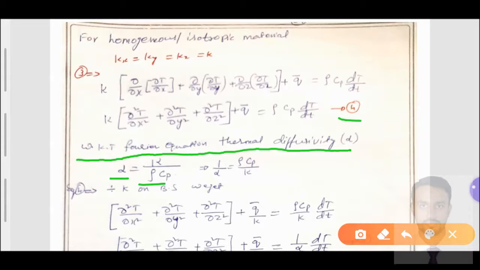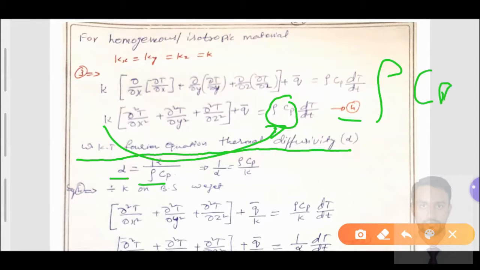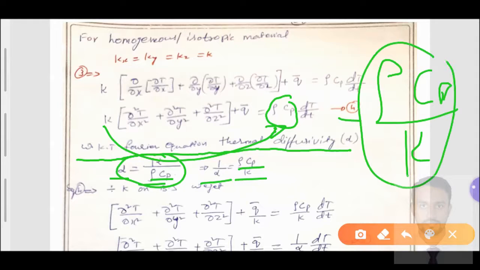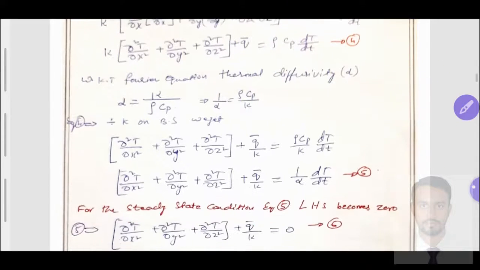This is the equation for diffusivity, mathematically defined. Then we have the value here, rho into cp. When I take this k on the left hand side, this becomes rho cp divided by k, reverse to this order. Then 1 by alpha is equals to rho cp divided by k, which will be satisfied for this equation. I'll rearrange this equation.